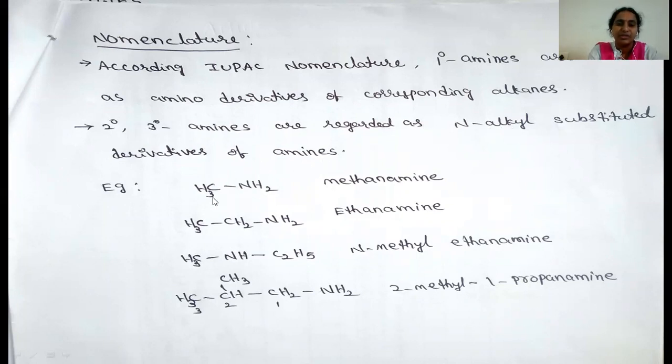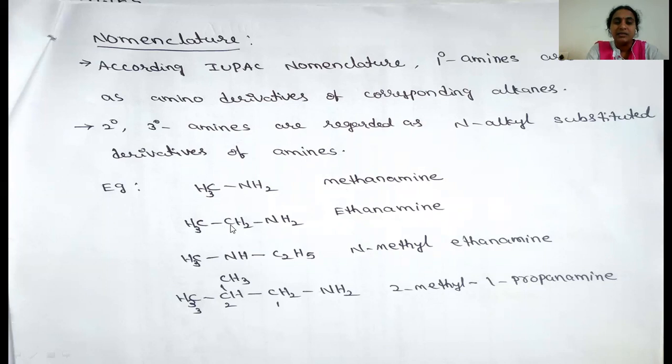For example, in this compound, only one methyl group is present, that means one carbon is present. So if one carbon is present, according to IUPAC nomenclature, the name is meth. And this NH2 is called amine. So hence this name is methanamine.